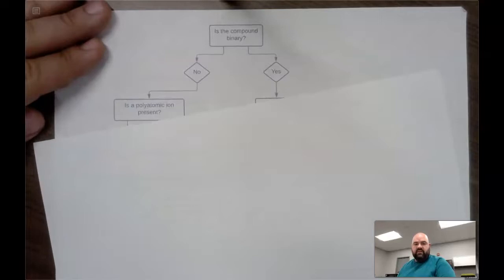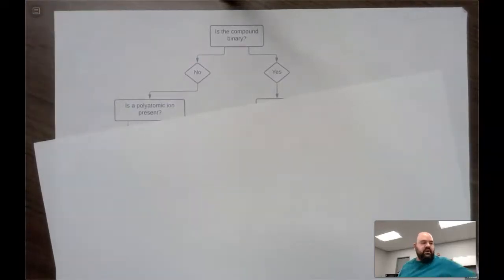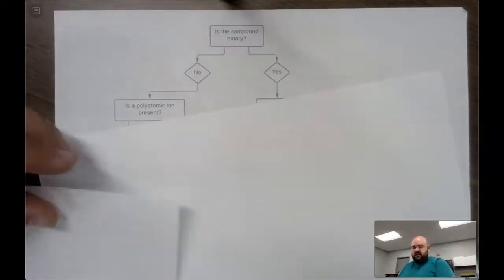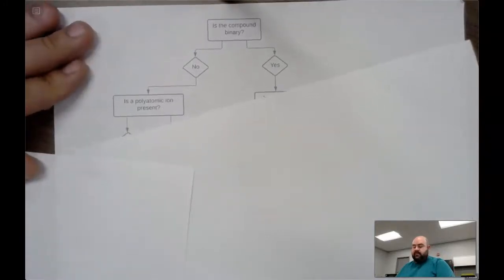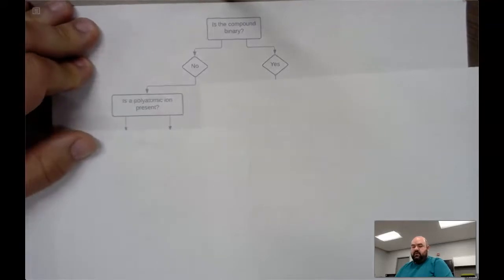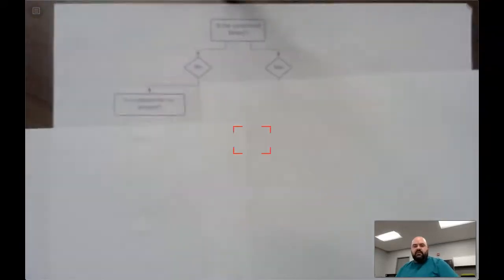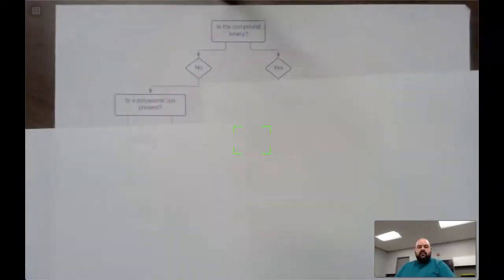then you're going to ask yourself if a polyatomic ion is present. The way you're going to know if a polyatomic ion is present is if it's one of the polyatomic ions you recognize from having memorized it.